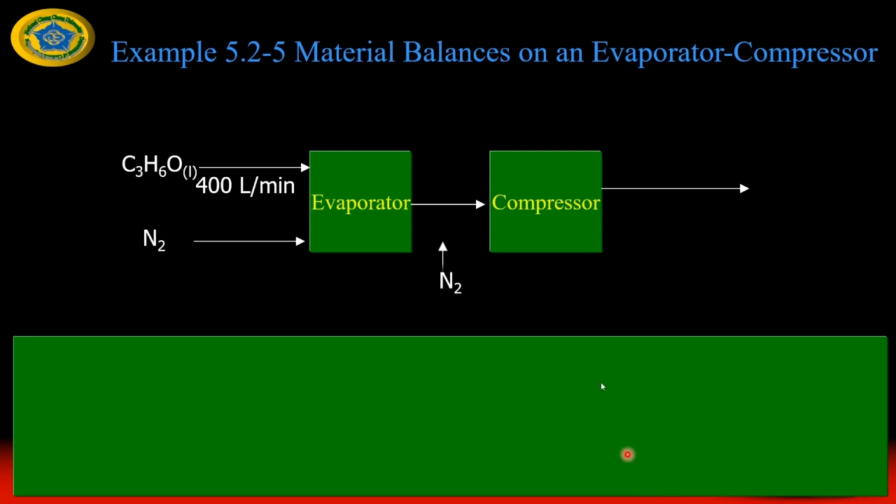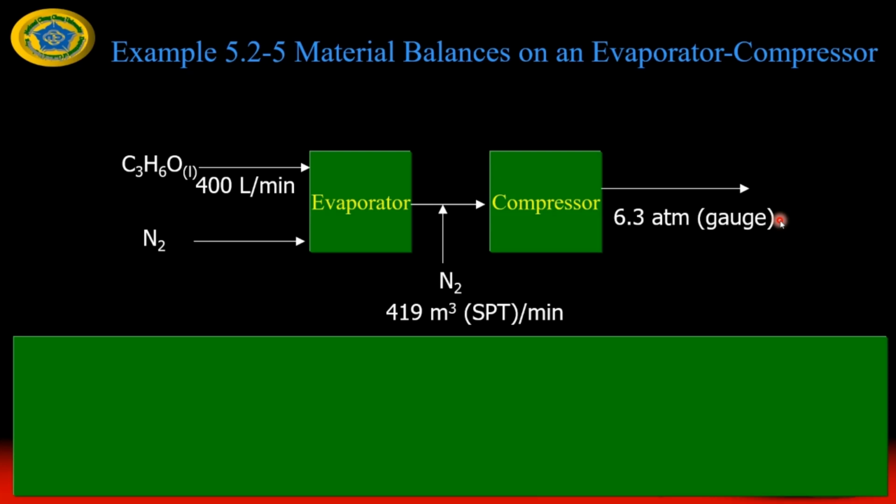And then another nitrogen stream will be fed into this joint point and go to the compressor. As a result, it comes out at 6.3 atm. Ladies and gentlemen, please remember this is gauge. If you want to use PV equals nRT, gauge pressure cannot be used.